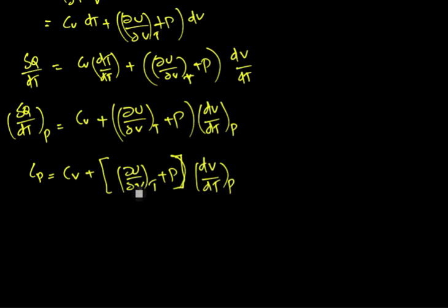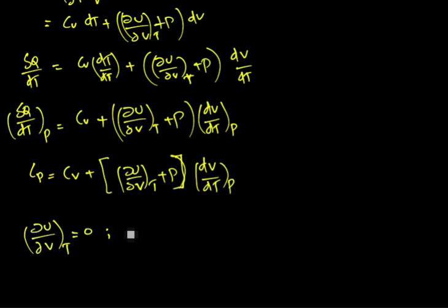Now if you consider dou U by dou V, it is the change in internal energy at constant temperature. When temperature is constant, the internal energy is always constant. So the change in internal energy at constant temperature is always 0.